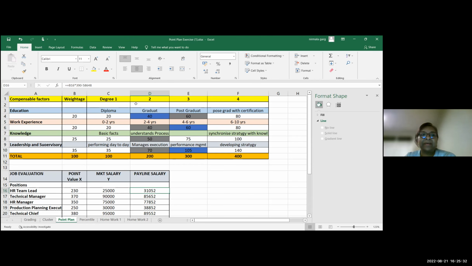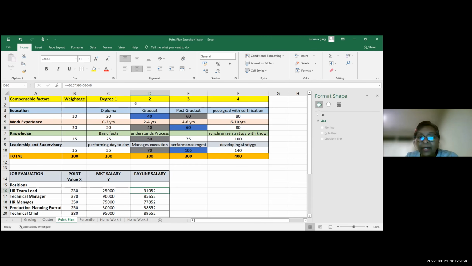Do not have higher degrees, but you can have many compensable factors. But in job grading, you should not have more than 4 or 5 compensable factors, because then it becomes very, very difficult to classify. You must have felt, hey, this will go in grade 1 or grade 2, but I think it will also go in grade 2. So typically, you have a tie.